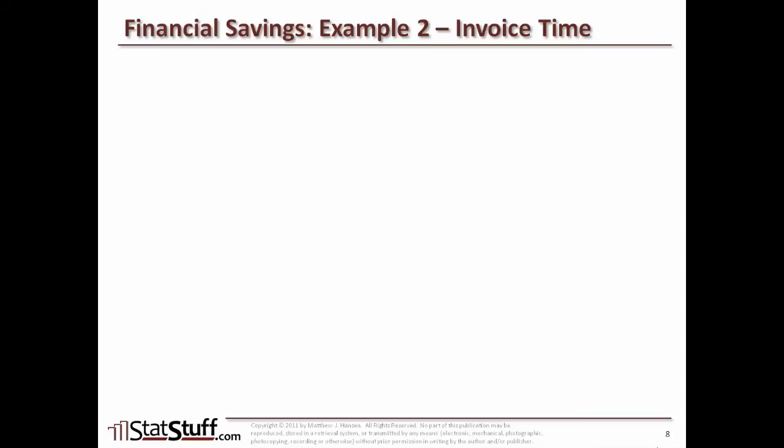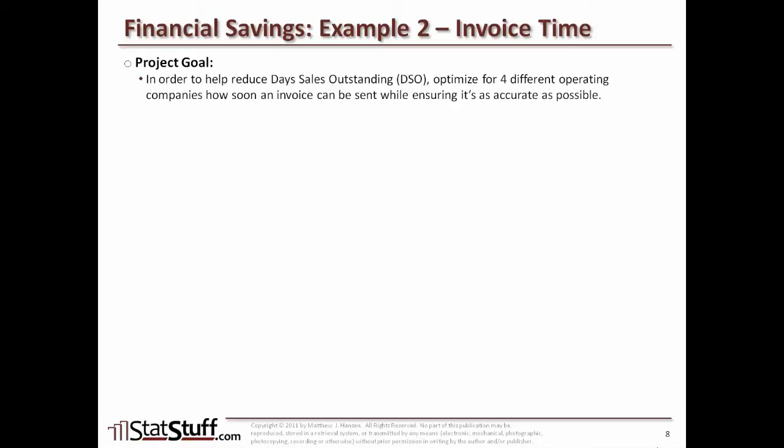The second example is a project I worked on where we were trying to find the optimal time to invoice customers in a way that would help us get our cash payments faster. The project goal was to reduce the days sales outstanding, or DSO, which is a general business term for measuring how long our cash is sitting in accounts receivable before we can get it back.